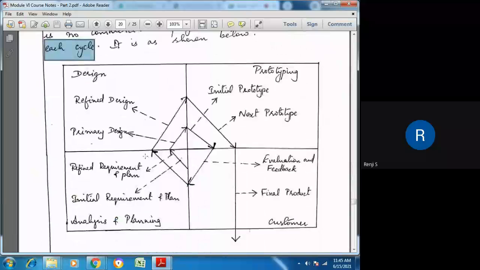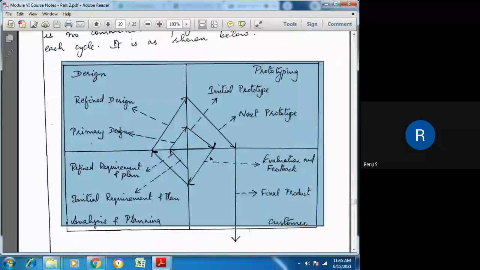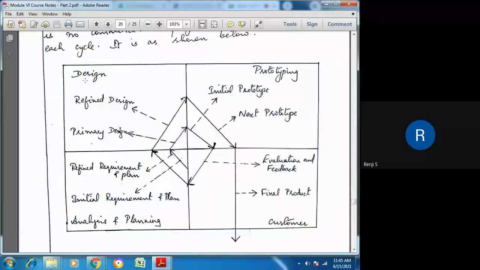Now the phases are shown below. It is a rectangle divided into 4 quadrants, and each quadrant performs certain functionalities. Let us start from the bottommost, left bottom quadrant. You can see this arrow, it starts from here. The first quadrant deals with analysis and planning.